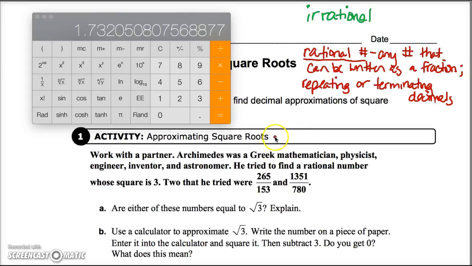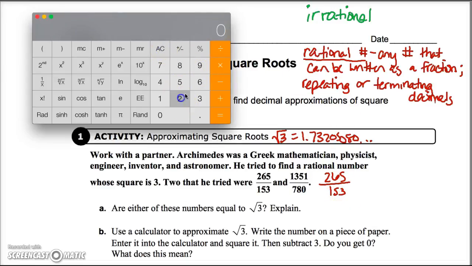I'm going to make a little note right in this box. The square root of 3 is 1.73205080, and I'm going to put some dots here because that would go on and on. The first one I'm going to do is 265 over 153. You know the fraction bar means divide.